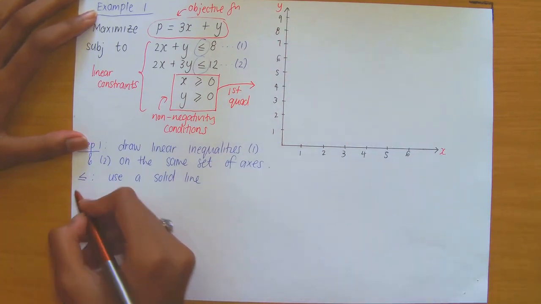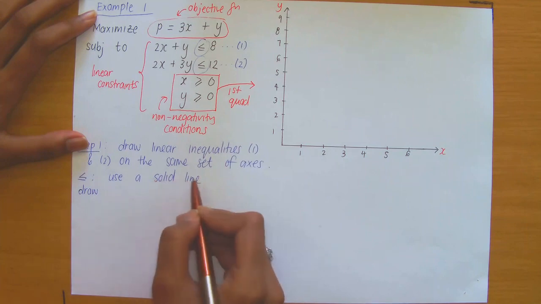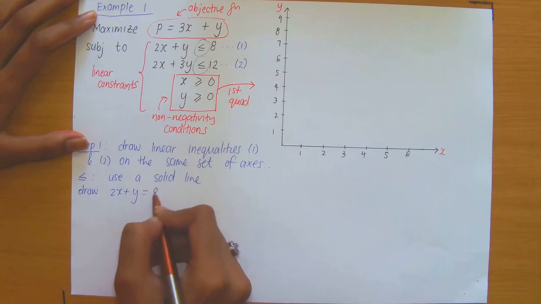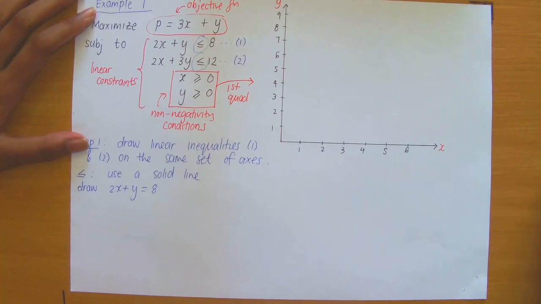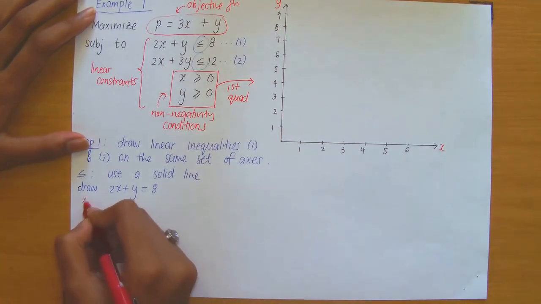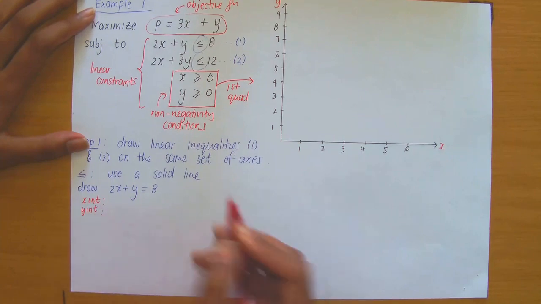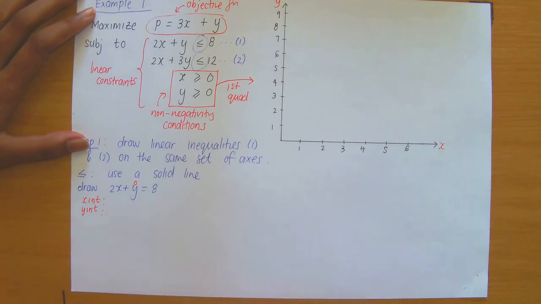The first thing we would do is draw 2x plus y equals 8. This is a straight line, and the easiest thing to do when you're sketching is to quickly find the x-intercept and the y-intercept for this line. If you're finding the x-intercept, you are substituting in y equals 0.